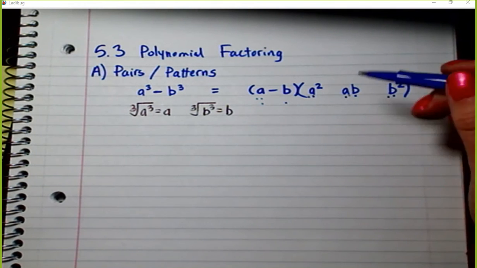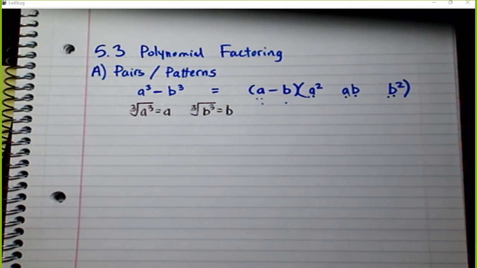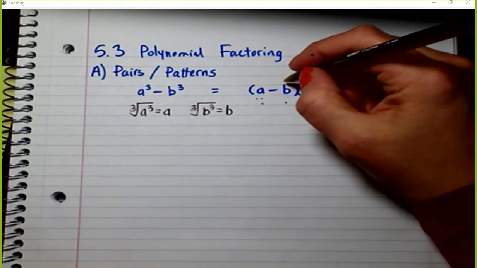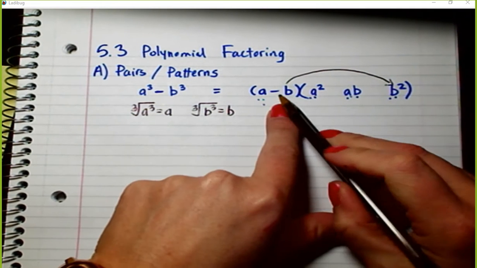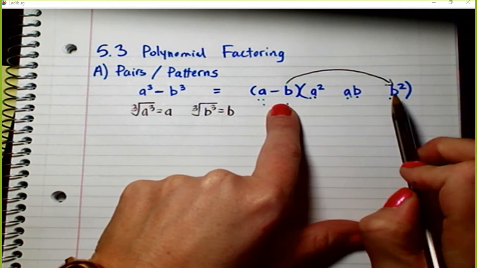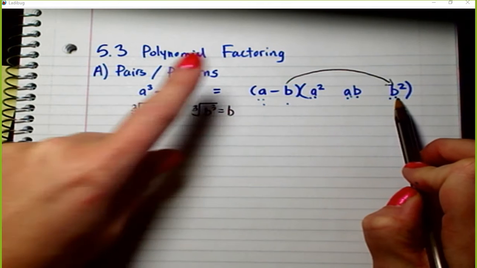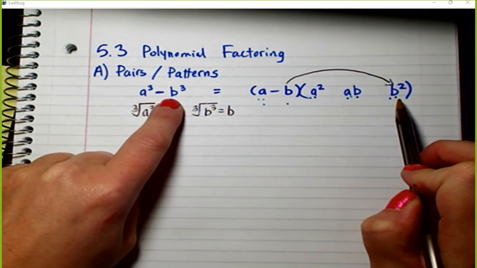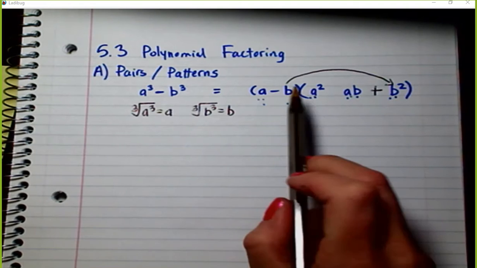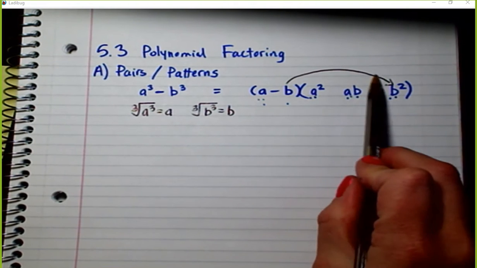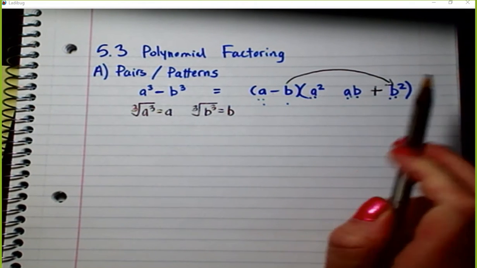All right, so now you're like, well, what about these pluses and minuses? Okay, so let's look at our signs. Now, if you multiply the last, negative b times b squared has to be b cubed. But it has to be negative b cubed. So this last term has to be a negative times a positive.